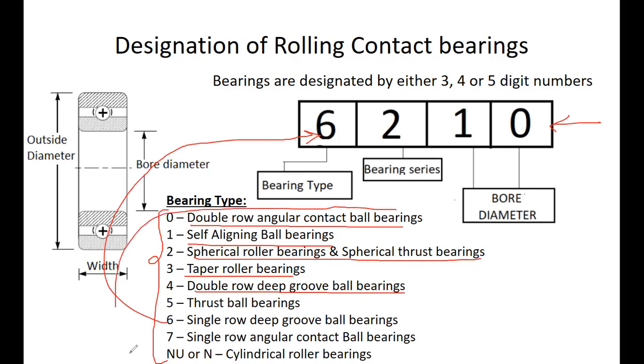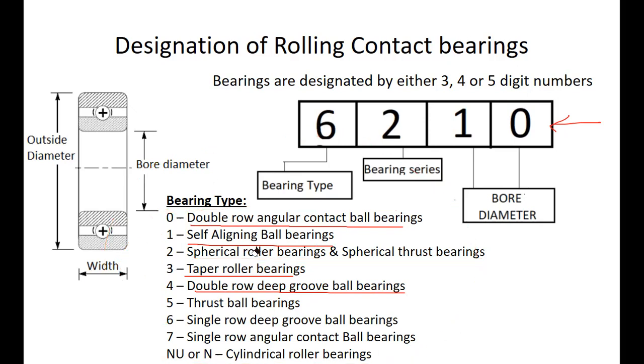Guys, we have seen the classification of all these bearings yesterday in our lecture, right? So it's not that you don't know what is double row deep groove ball bearing, what is taper roller bearing. You know the meaning of all of them because I have shown you with the help of animated videos, right? So from right side, the 4th digit, or it might be the 5th digit also.